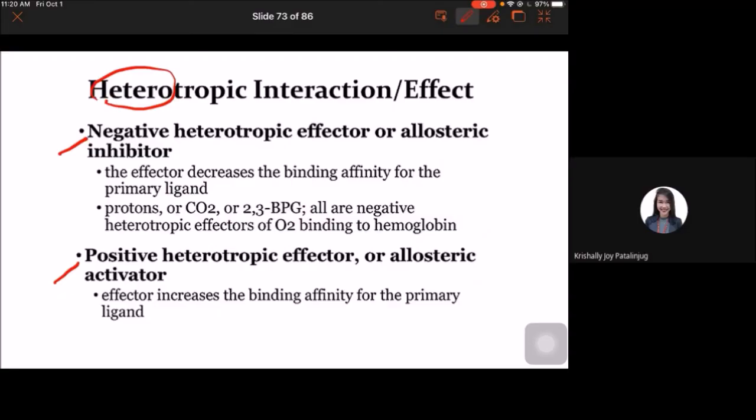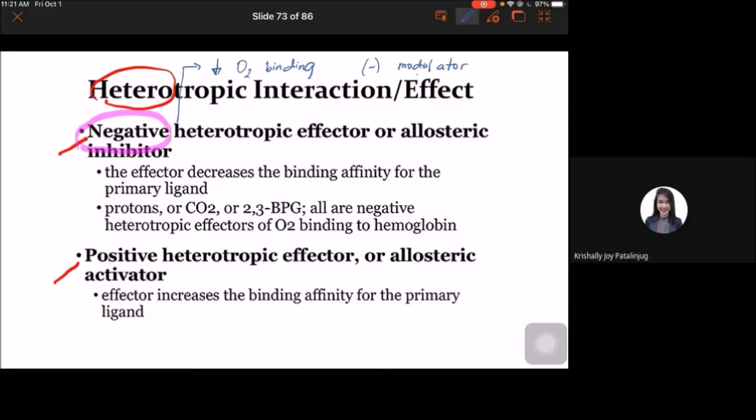Now, focusing on negative heterotropic effect, recall nga this causes lesser binding of oxygen. For us to understand why negative effect happens, why there are possibilities na hindi maa-accommodate ni hemoglobin yung oxygen, dapat malaman natin kung ano yung mga certain factor or what we call negative modulator that causes negative heterotropic effect.